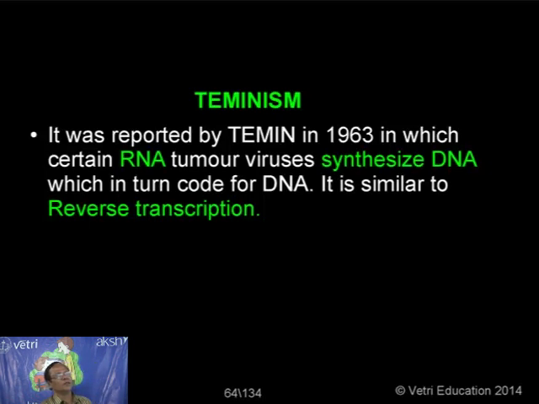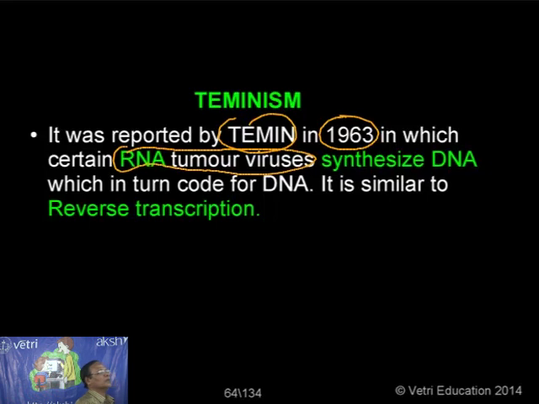Now, one of the events from the examination point of view is Temin-ism. Any ism is actually reported by a person with a name; we are adding the suffix ism. It was reported by Temin in 1963. He observed a reverse transcription process in one of the viruses, the tumor-producing ones, which contain RNA as genetic material.